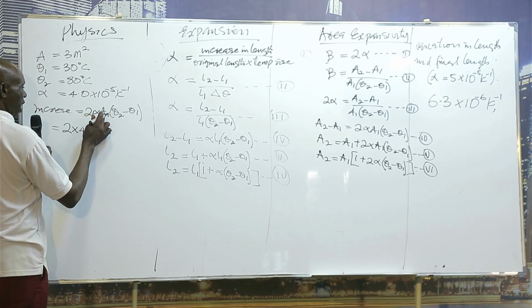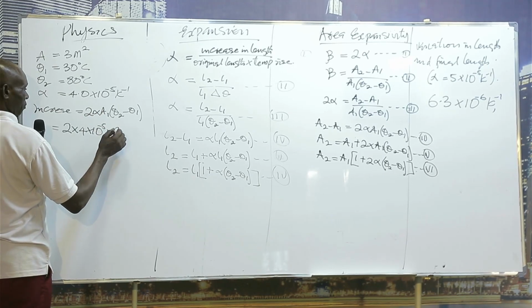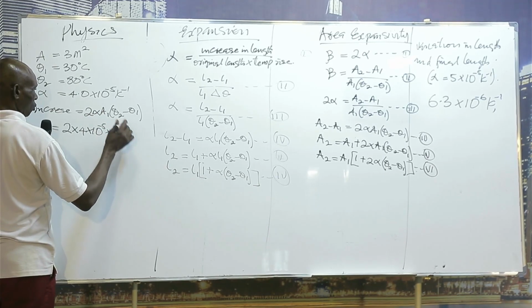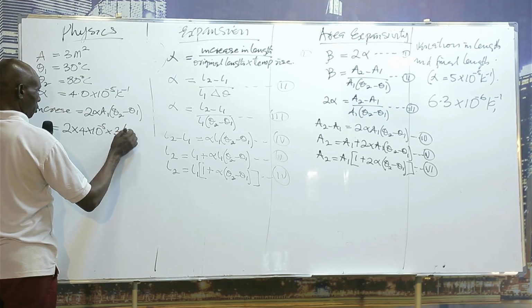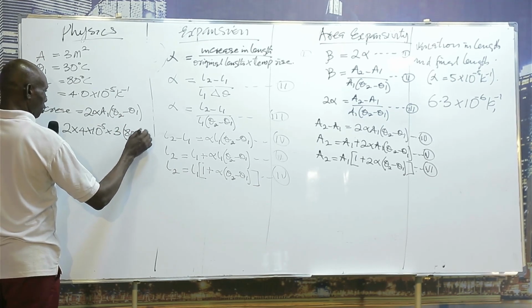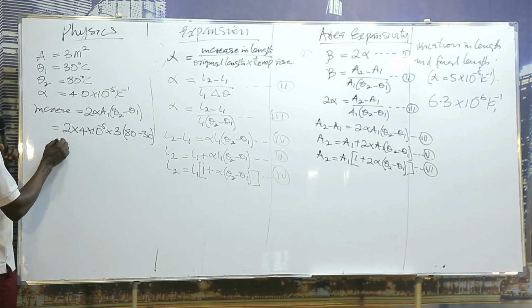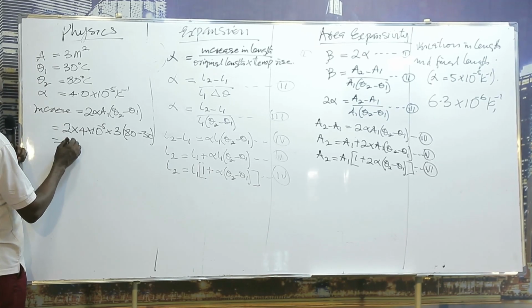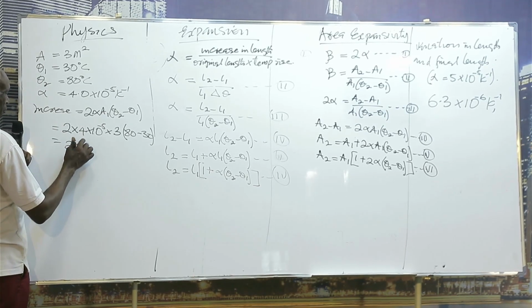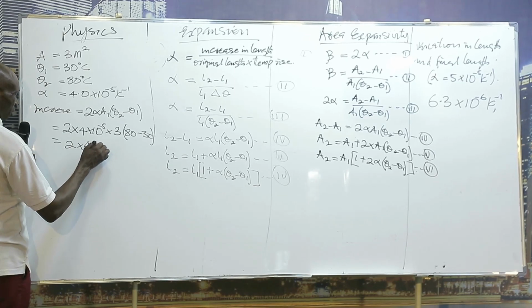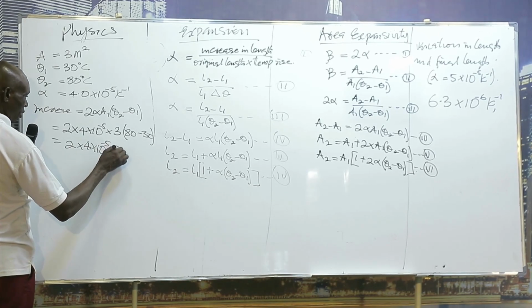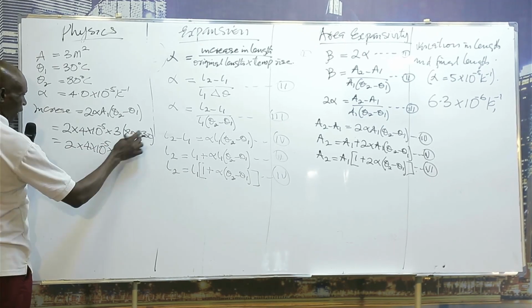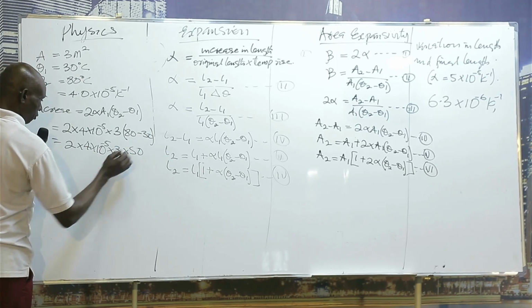Initial area is what? 3, into theta 2 minus theta 1, which is 50. So I can say 2 times 4 times 10 to power minus 5 times 3 times this minus this, 50.